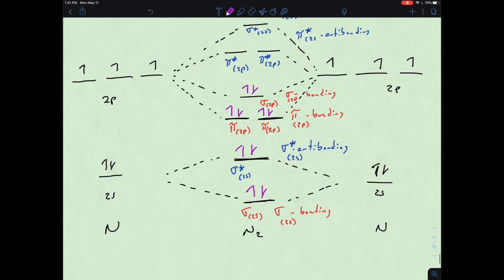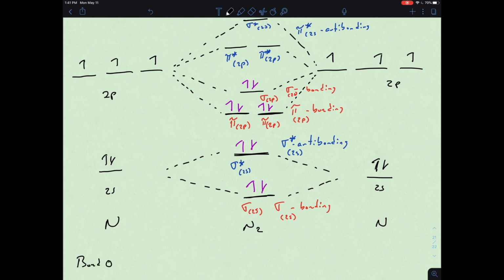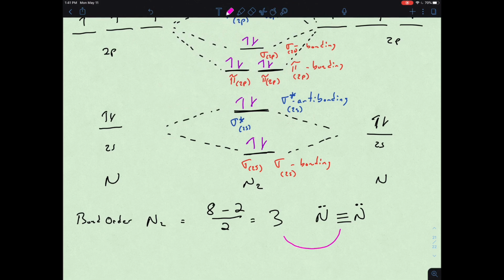And then if we calculate our bond order for nitrogen, that would equal 8 electrons in bonding, 2 in anti-bonding, or a bond order of 3. And I think we can put together nitrogen as a diatomic and realize that we have that triple bond, which coordinates to the bond order.